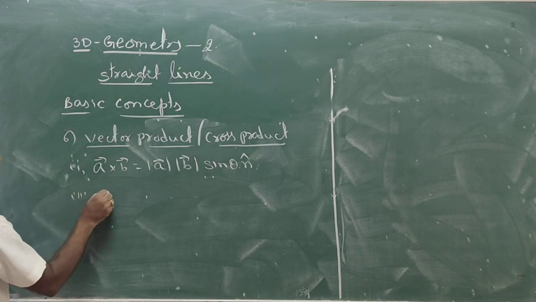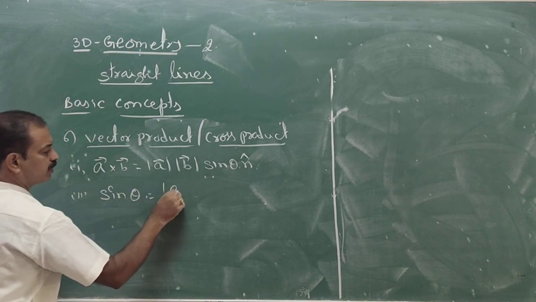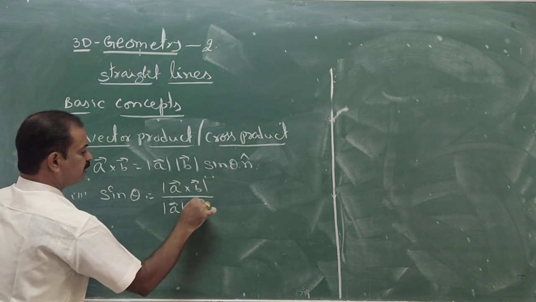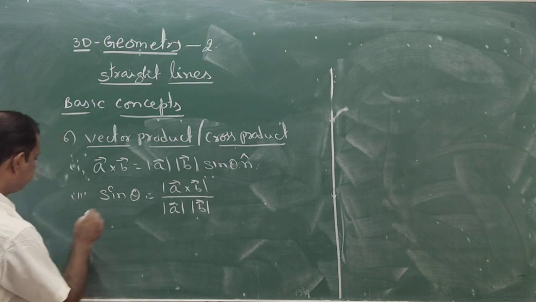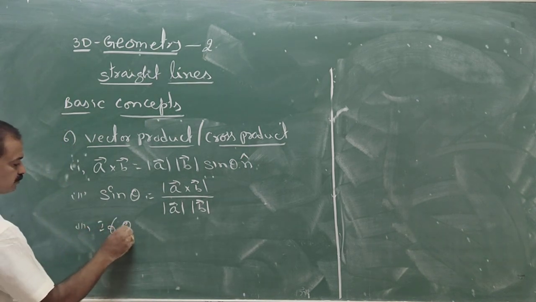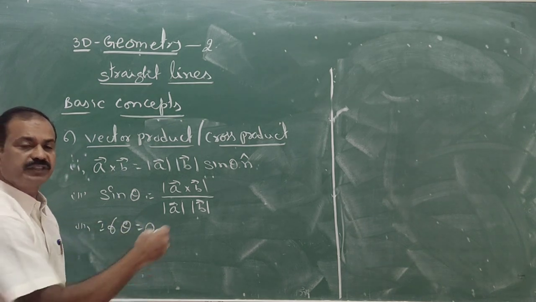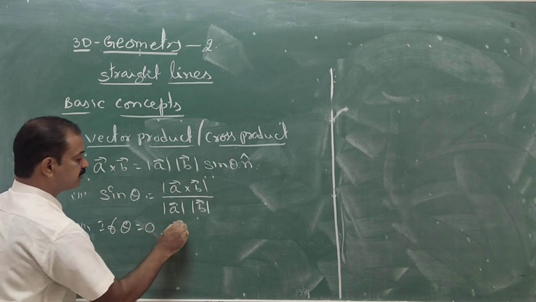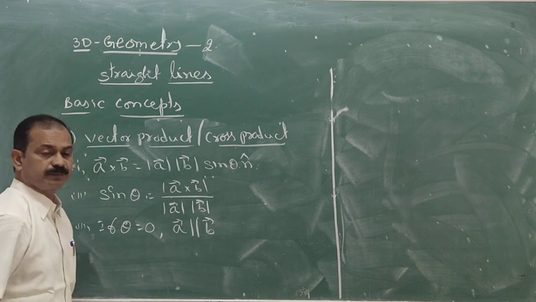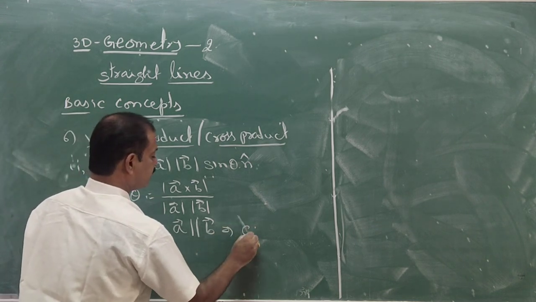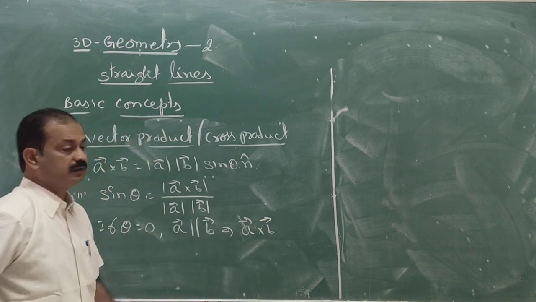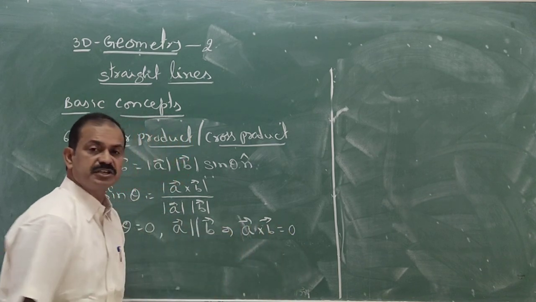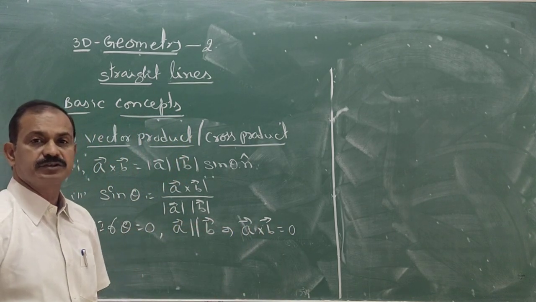If you want to find sine theta, that is magnitude of A cross B by magnitude of A into magnitude of B. Next, third one is if theta is equals to 0, then vector A is parallel to B. When theta is 0, A cross B will be equals to 0. When A cross B is 0, then we say that A is parallel to B.